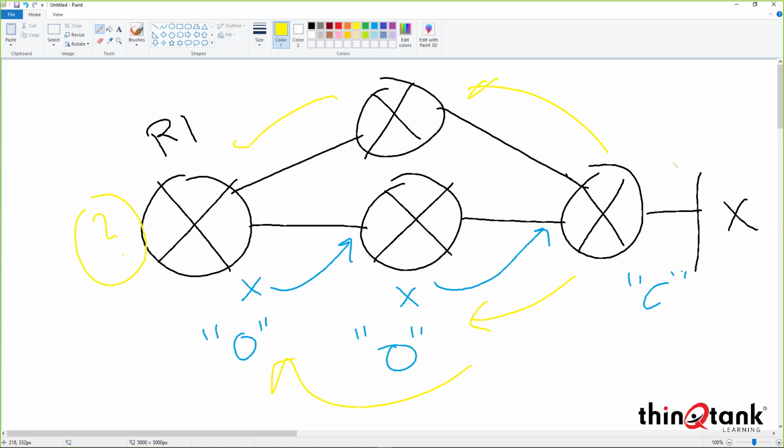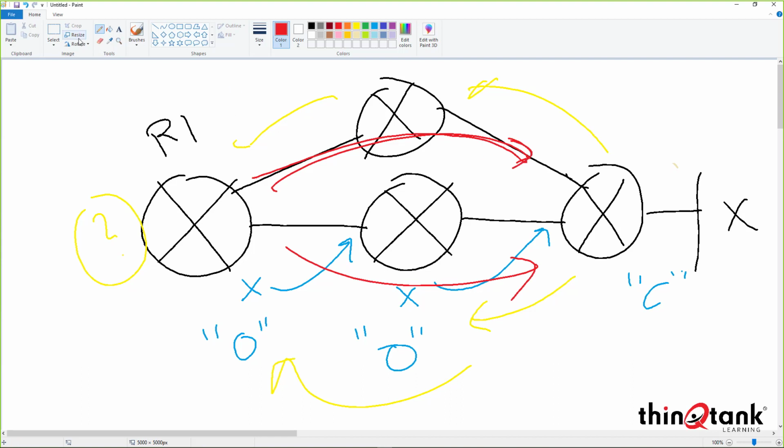Do I use the top path or do I use the bottom path? Now keep in mind, we're learning about this route through the same routing process, the same routing protocol. So the tiebreaker, the decision that we use to choose the top path or the bottom path is the metric. And the path with the lowest metric is the path that goes into the routing table. If this path costs less than this path, then we use this as our path.